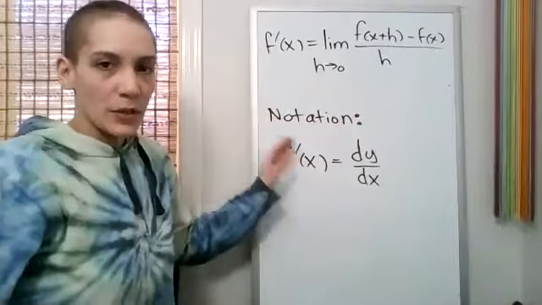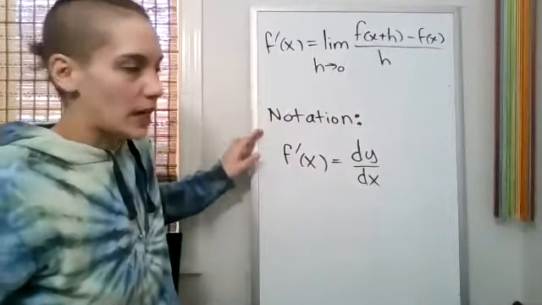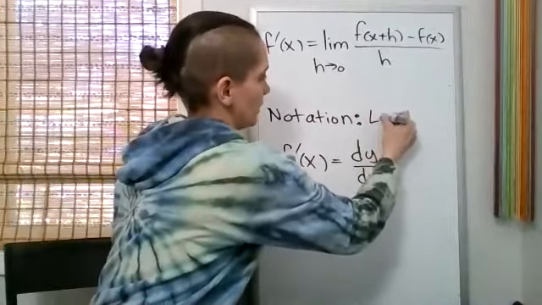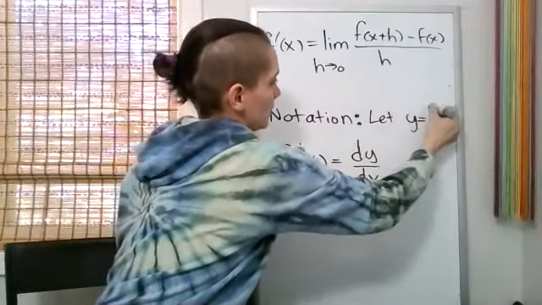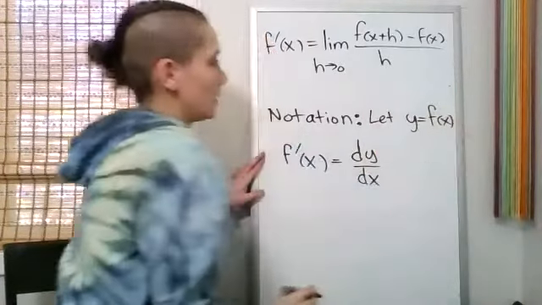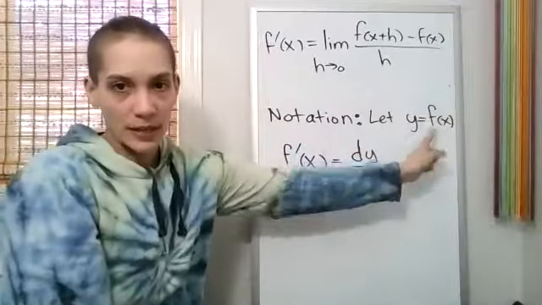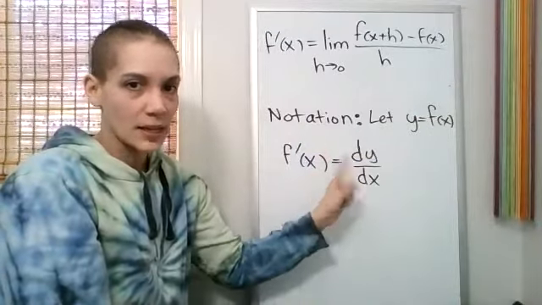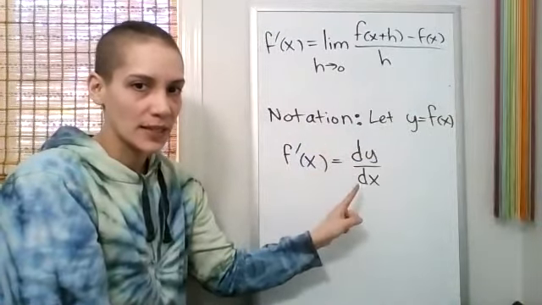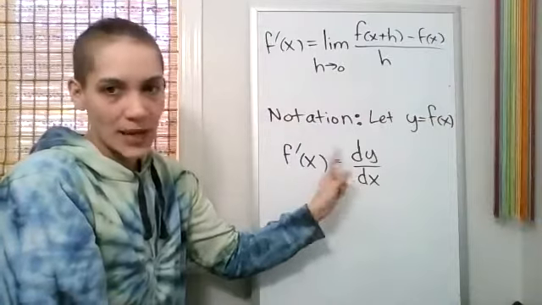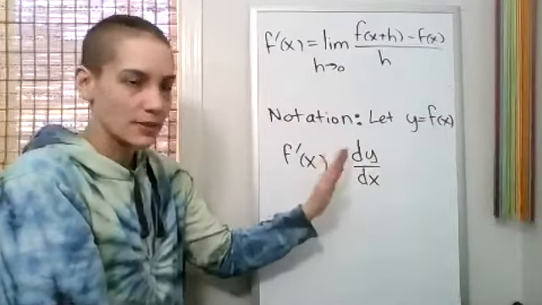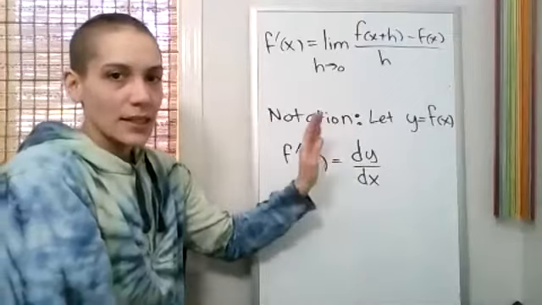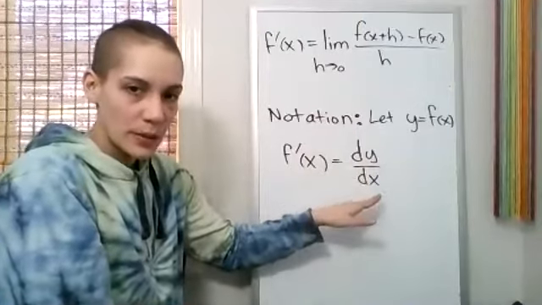Let's have some function f of x equal to y, or y equals f of x. So f prime of x is the derivative of y with respect to x, read dy dx. So if someone says dy dx, take the derivative of your function with respect to x.